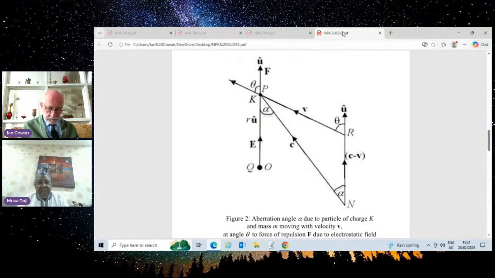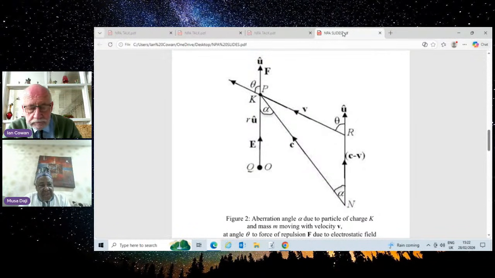Aberration of light clearly demonstrated the relativity of speed of light. Aberration of light is now discarded, it's in abeyance, because it contradicts the principle of constancy of speed of light. This is most unfortunate, because with the absence of aberration of light and aberration of electric fields, some other principles have to come in.